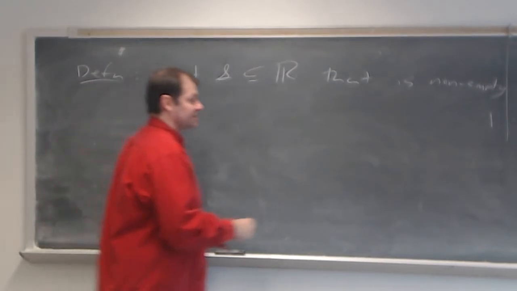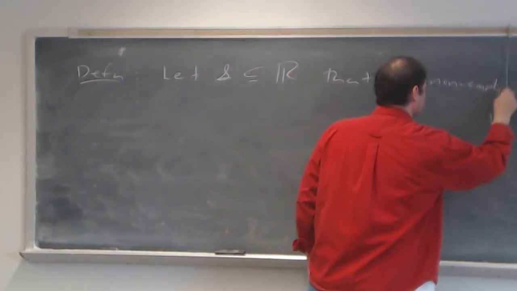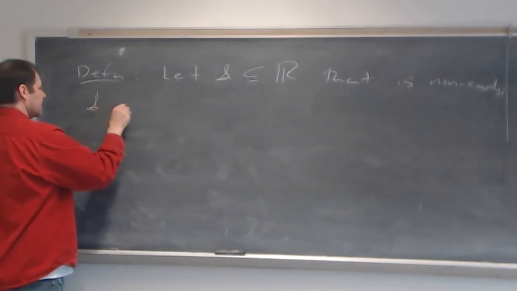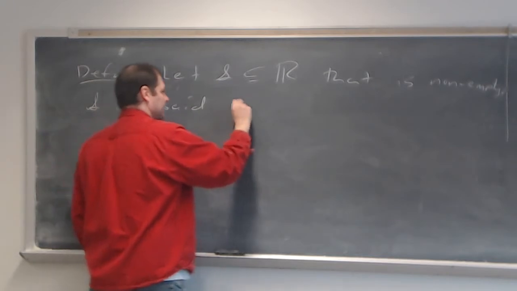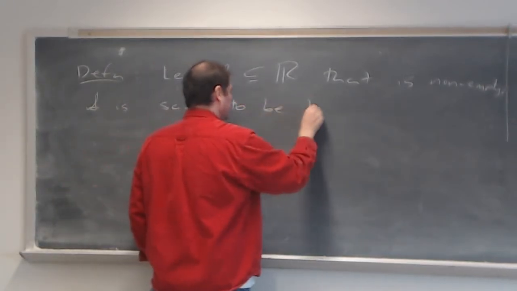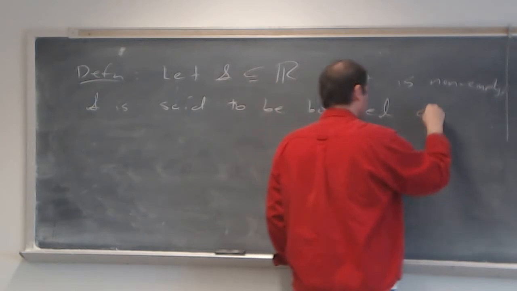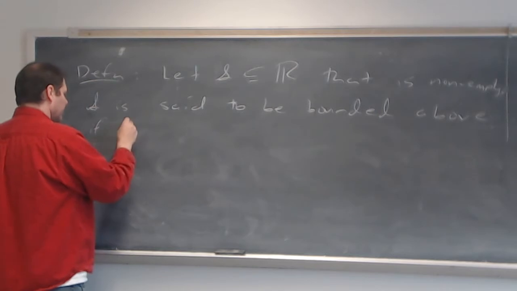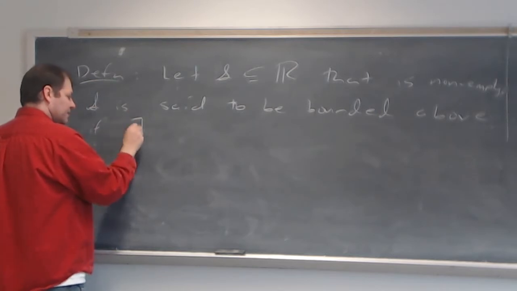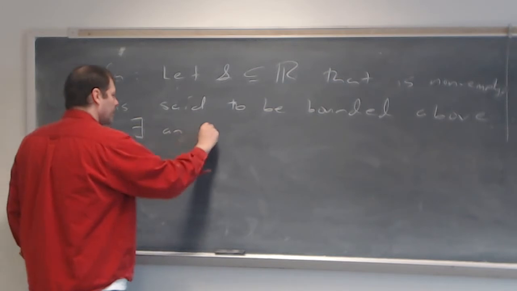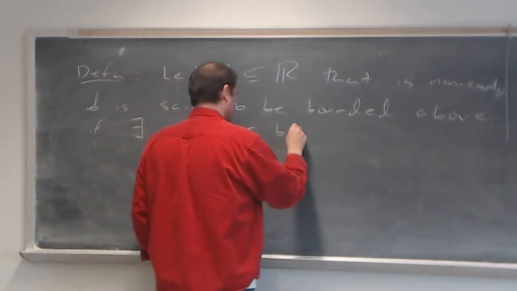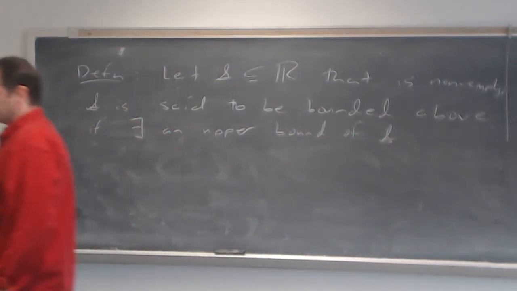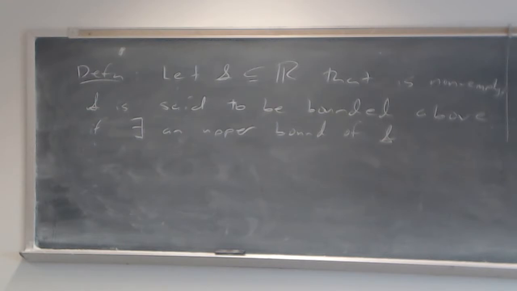Script S is said to be bounded above. That's what I'm defining. Bounded above, if there exists, that's my symbol for there exists, an upper bound of script S. So if script S has an upper bound, we call it a set that's bounded above.